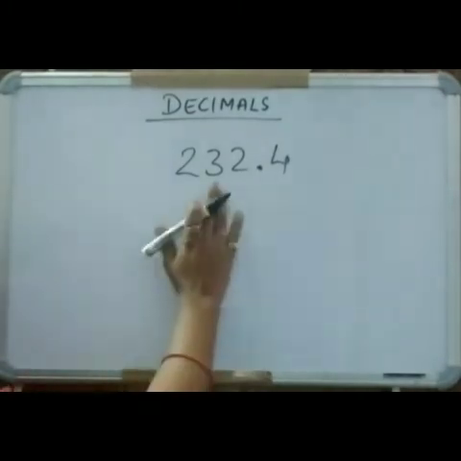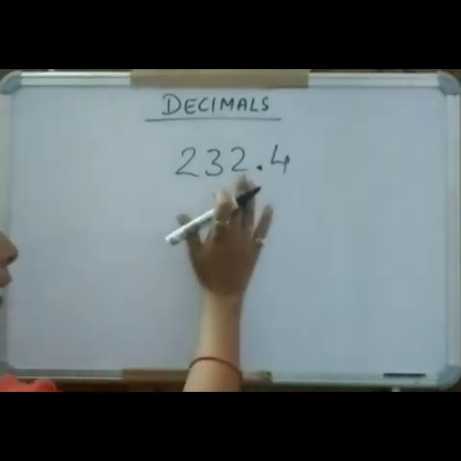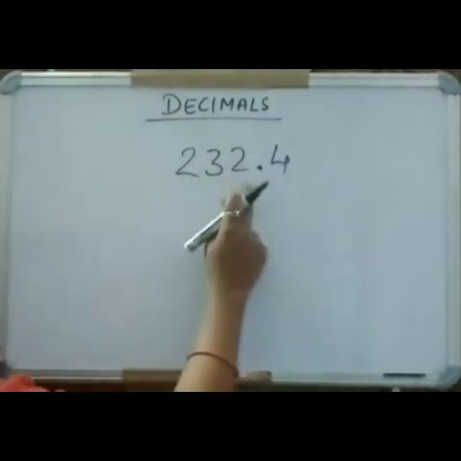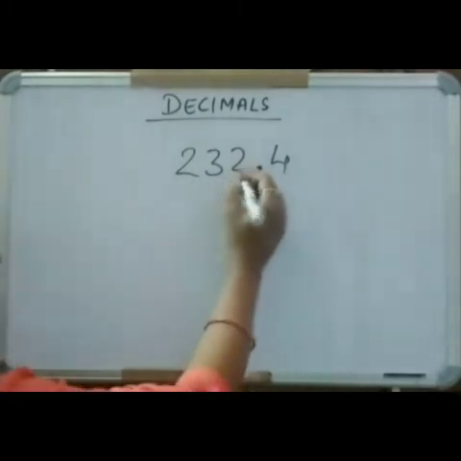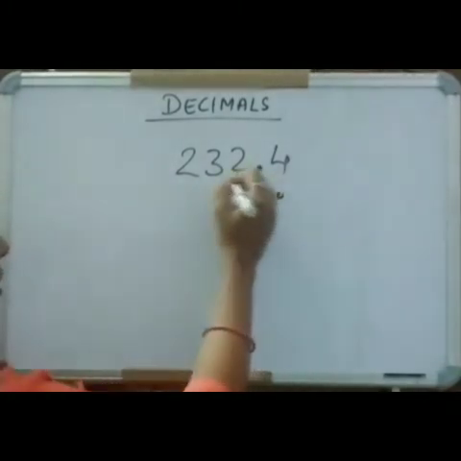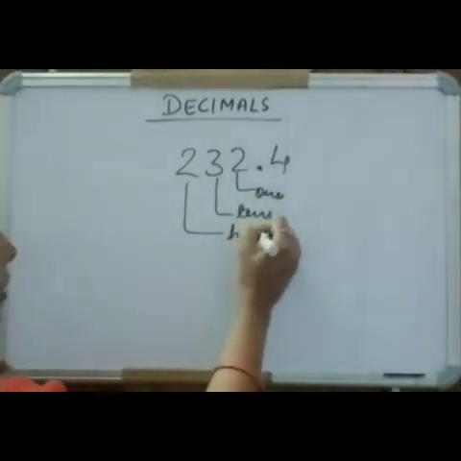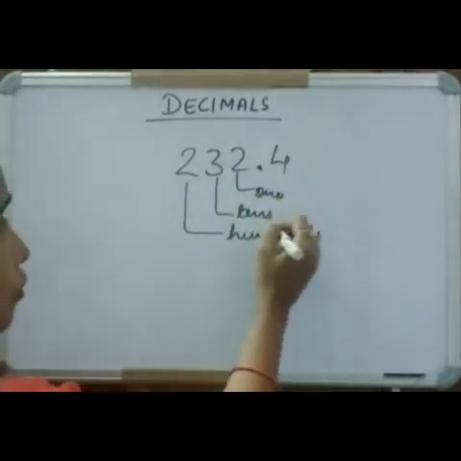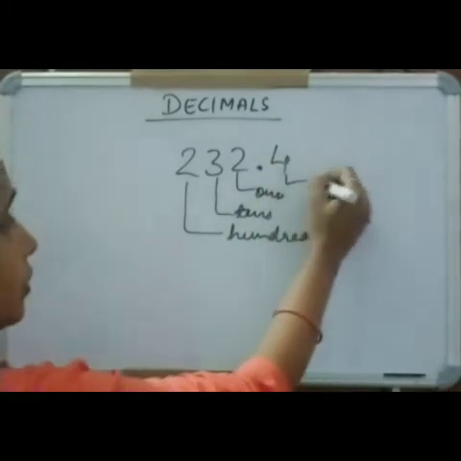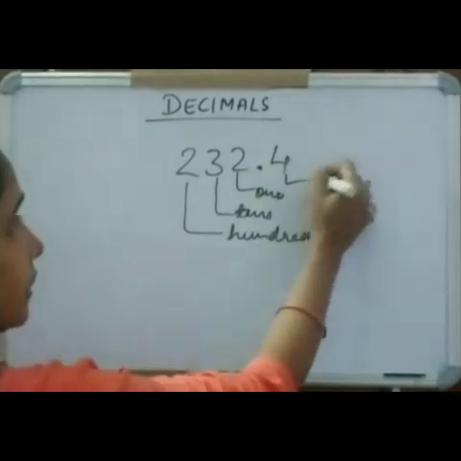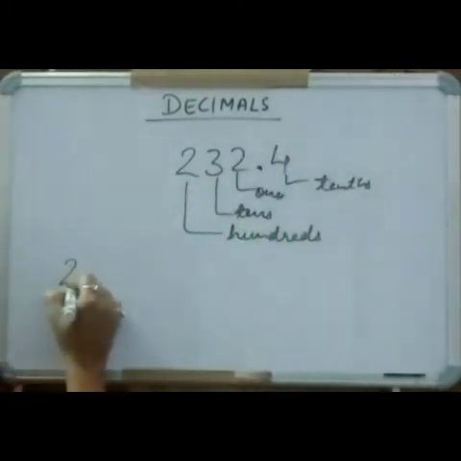Now see here, if I have written this number, how will I write its place value? This one is ones, this one is tens, this one is hundreds, as you all know. And this one will be tenths.